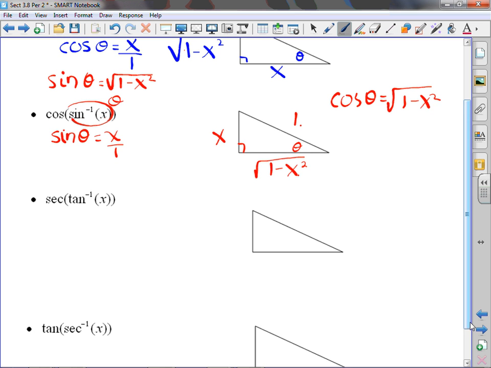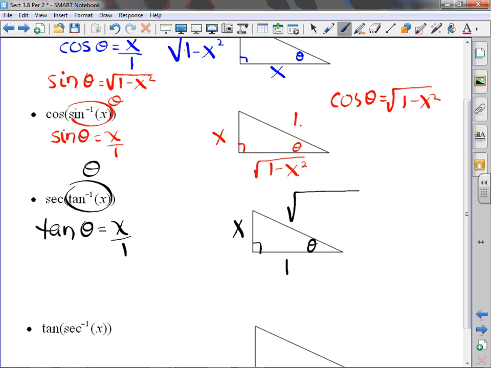Okay, secant of the inverse tangent. Here's my angle. There's theta. The tangent of theta is equal to x over 1. So if this is theta, my tangent is x over 1. So this is x, this is 1. This is different now. What's the hypotenuse? Square root of leg squared plus leg squared, right? 1 plus x squared.